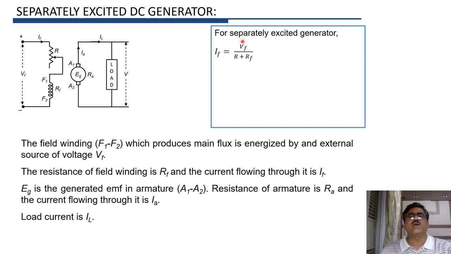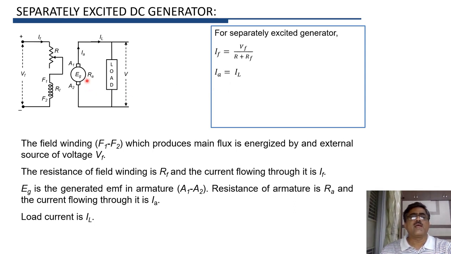So here VF is the voltage of the separate independent DC supply used to excite the field winding. R is the external resistance and RF is the resistance of the field winding. Now load current IL and armature current IA are equal, and therefore IA is equal to IL.